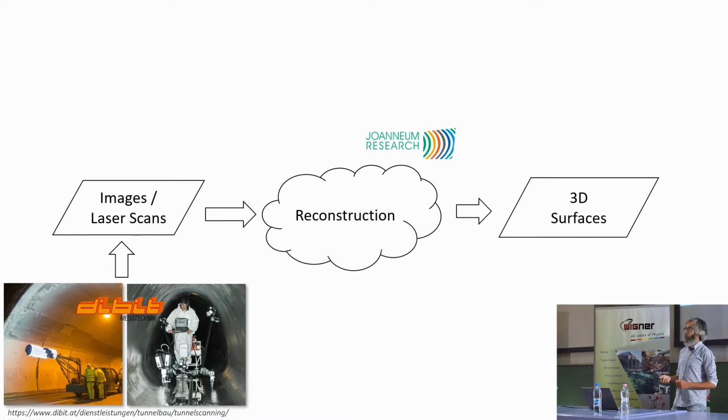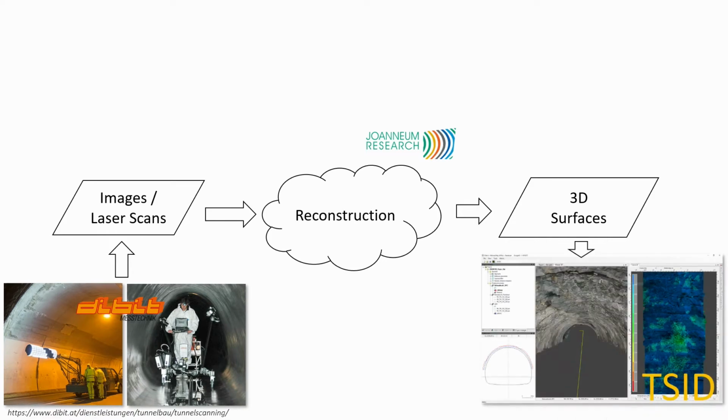When you have a large tunnel like the Arlberg tunnel, which is 11 kilometers long, you are confronted with a lot of 3D data. So we wrote a visualization tool which can handle large data sets, large triangle sets basically, out of core with level of detail techniques and utilizing different caching hierarchies on a local machine.